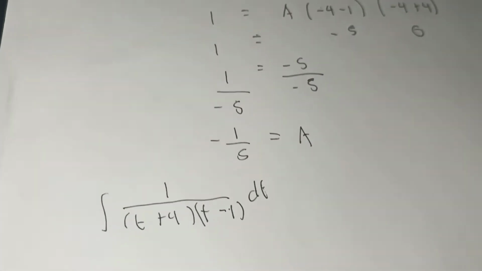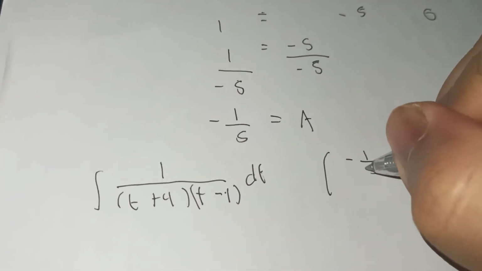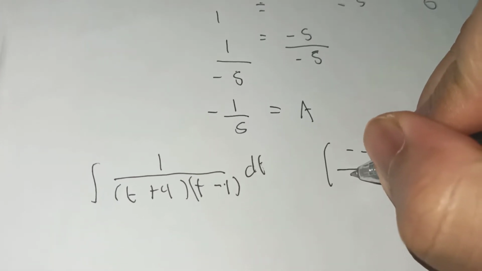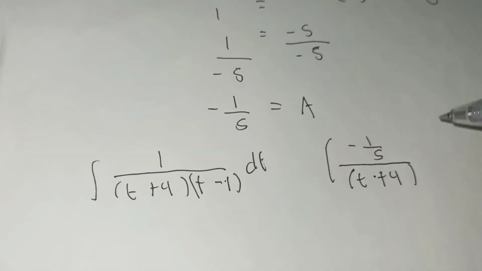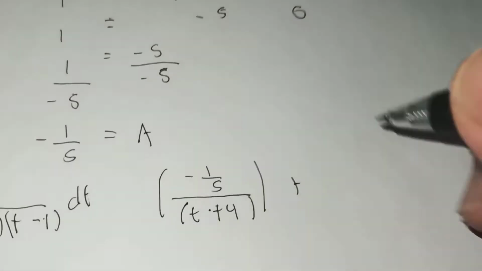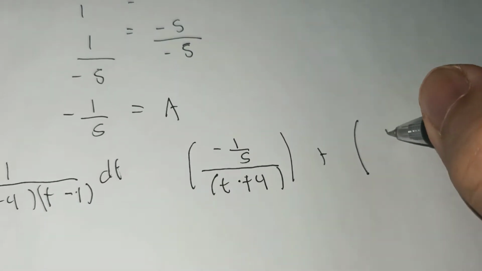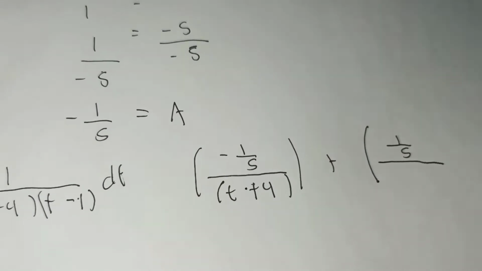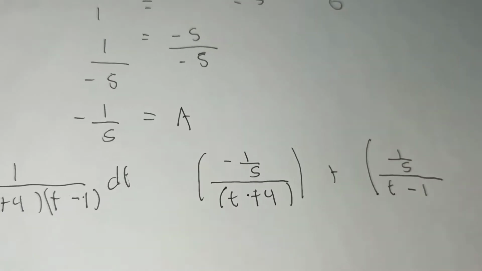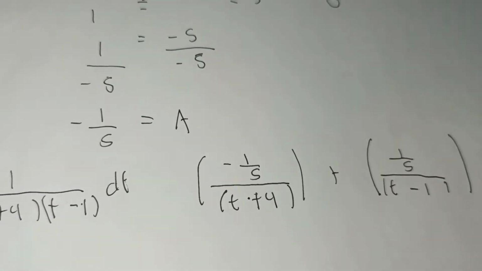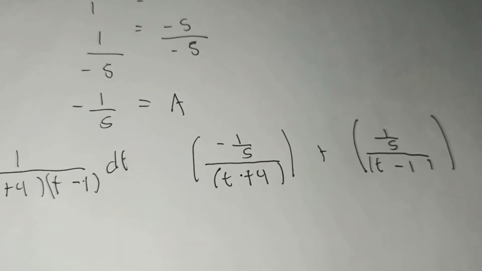Then substitute A and B. A is negative 1/5 over t plus 4, plus again B now, which is 1/5 over t minus 1, and then we just try to integrate or apply it first.